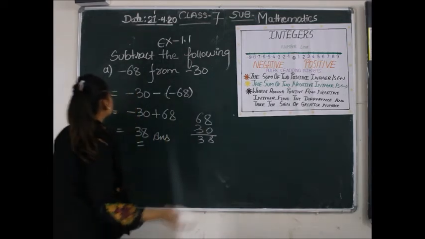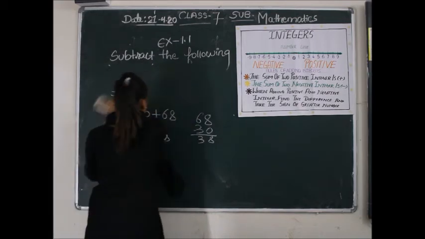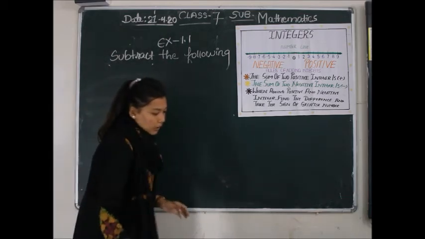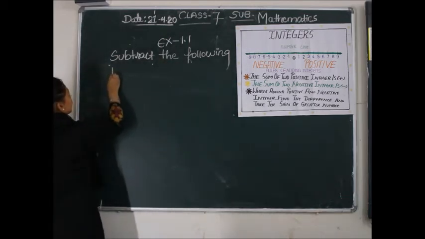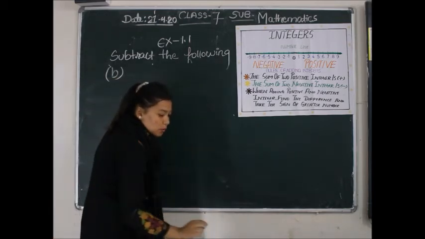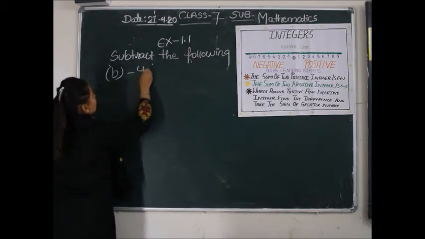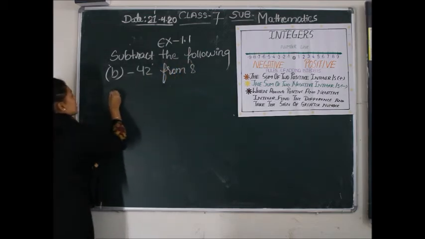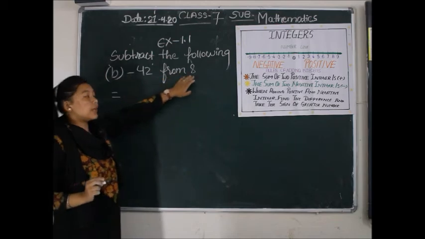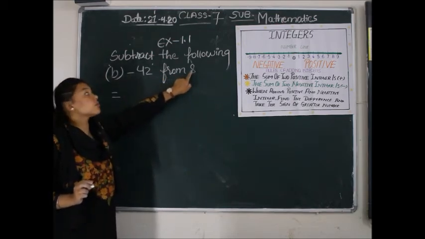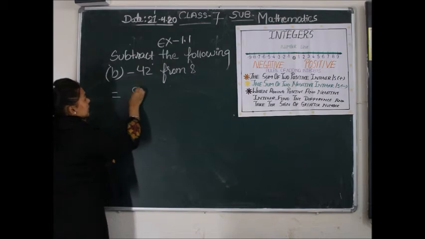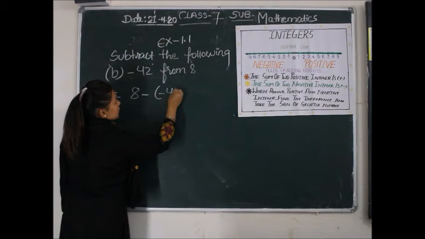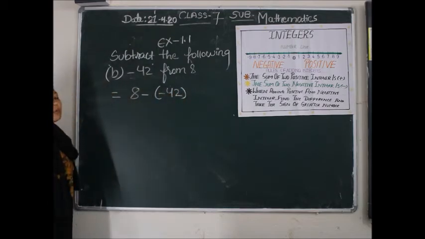Now let's move on to number B. Number B is minus 42 from 8. Subtract this number from this. First we need to write this number, 8. We need to subtract minus 42, which we have to put inside the bracket.